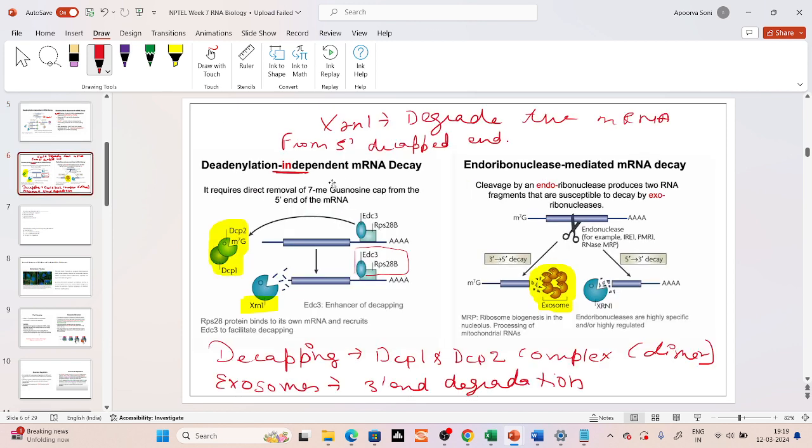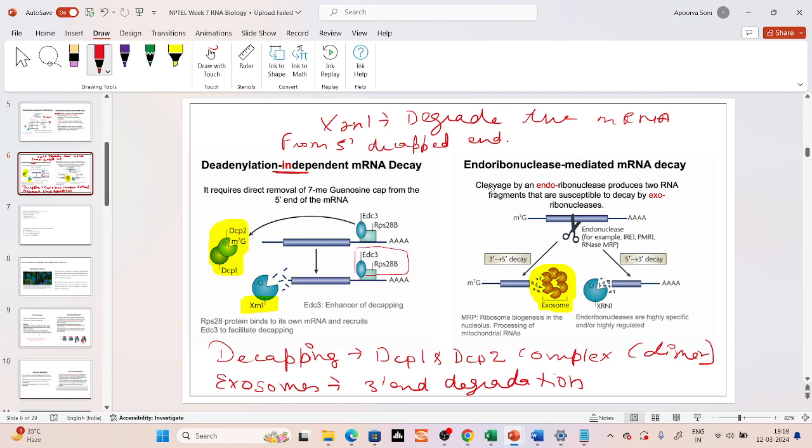But here what is binding? EDC3 and RPS28B. So it can bind, and then when it binds, it recruits the decapping enzyme, 5' end is removed, and then XRN1 comes and it degrades the RNA. This is the second one, deadenylation independent.